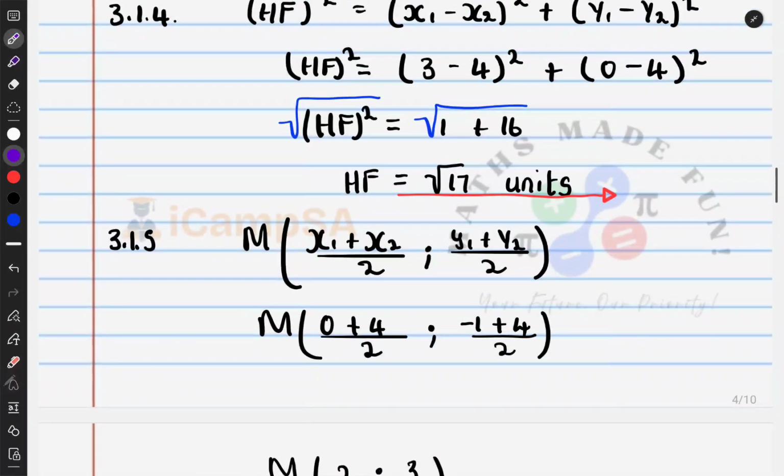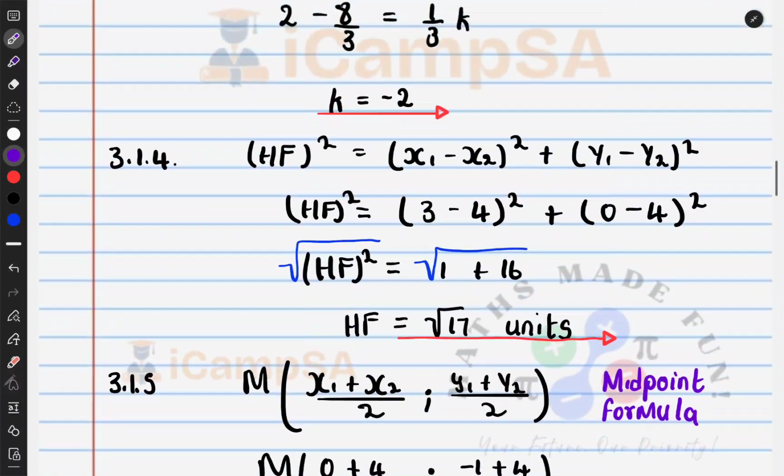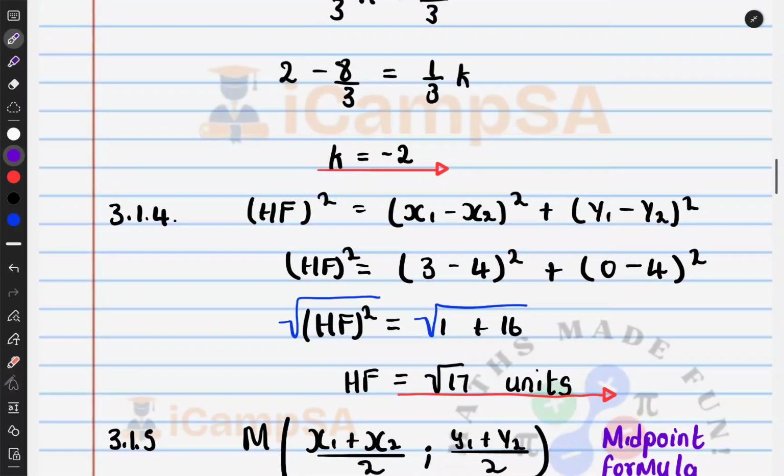Here is the midpoint formula. This is the midpoint formula we use to find those coordinates. And then here we have the distance formula. This is the distance formula that we utilized to answer that question.